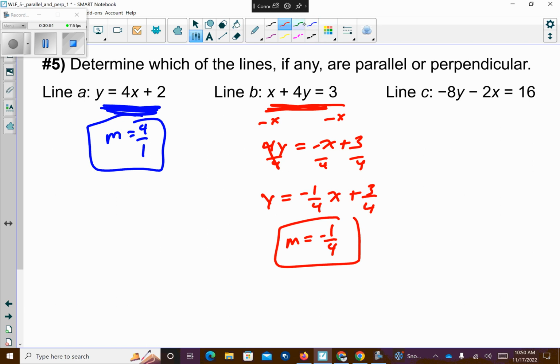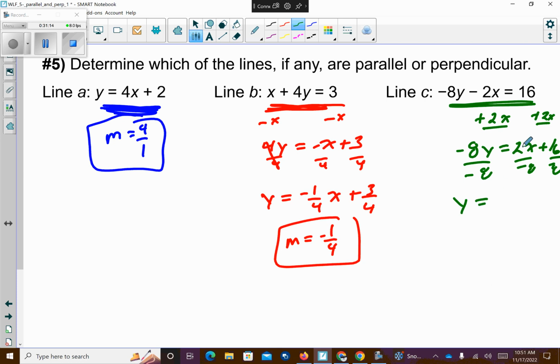Let's do this one in green. I don't know what the slope is right away because I need y by itself, so I'm going to add 2x, add 2x. So I get negative 8y equals 2x plus 16. Divide everything by negative 8. So y equals negative 2/8, which is 1/4 x, minus 2.